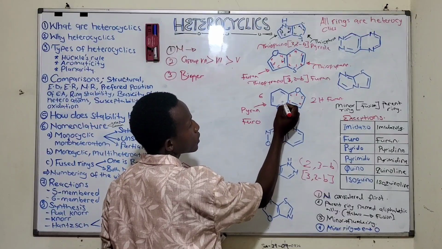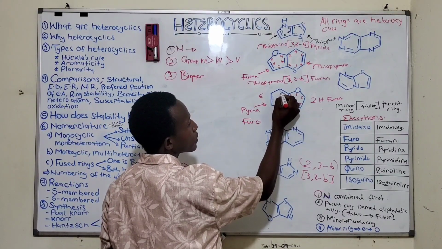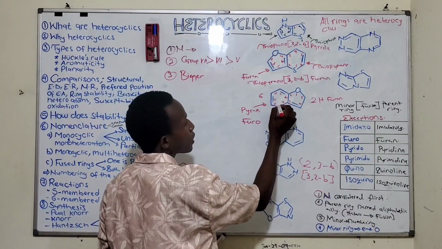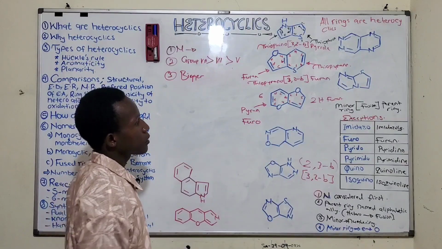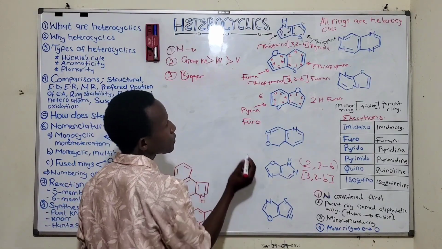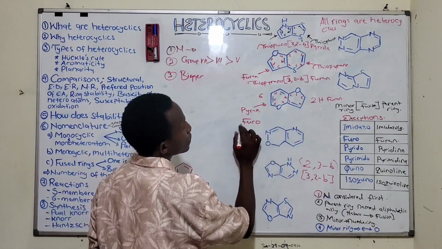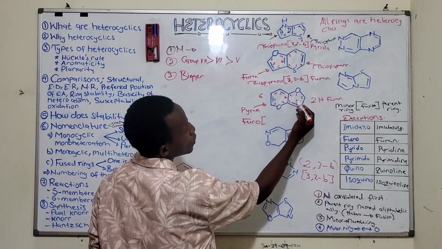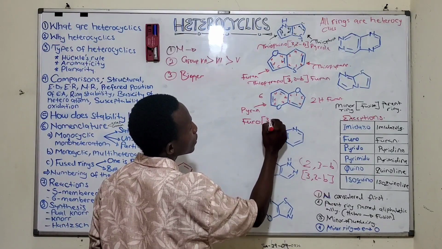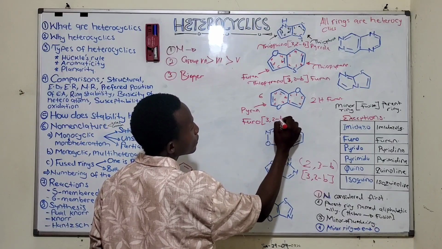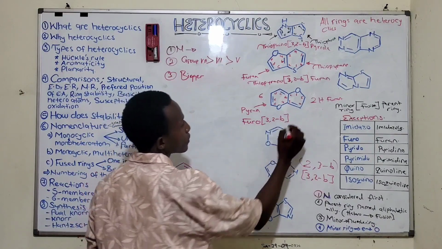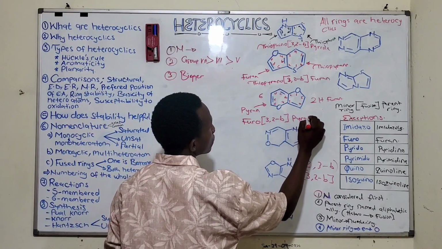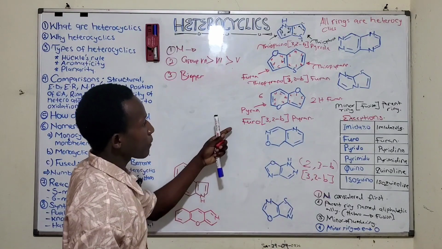For this one, this is A, B, C, D, E, and F. So we shall write furo, then at position 3, 2, so it will be 3, 2B, then write pyran.